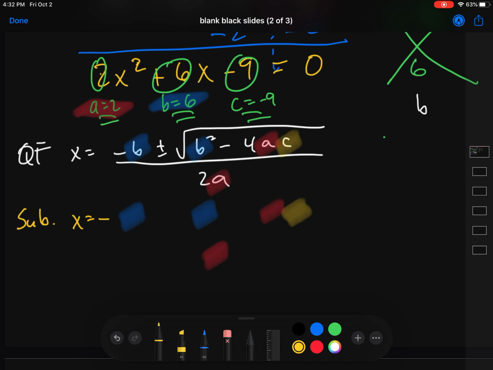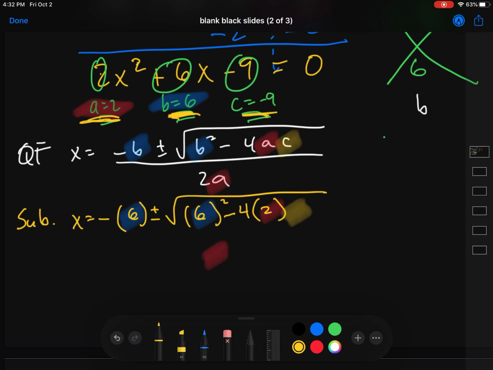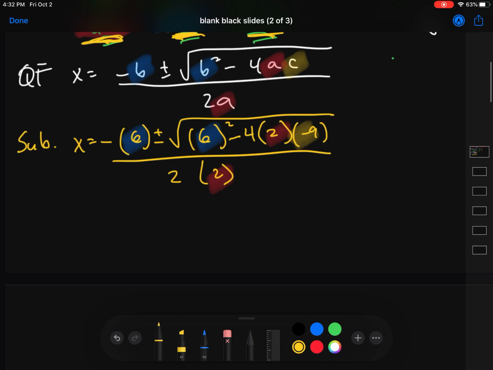Let's now write this in. X equals negative, my b value is 6, plus or minus the square root. Again, my b value is 6 squared minus 4 times a, which is 2, times c, which is negative 9, all over 2 times the a value, which is 2. Okay. Next, we need to simplify. The opposite of positive 6 is negative 6.